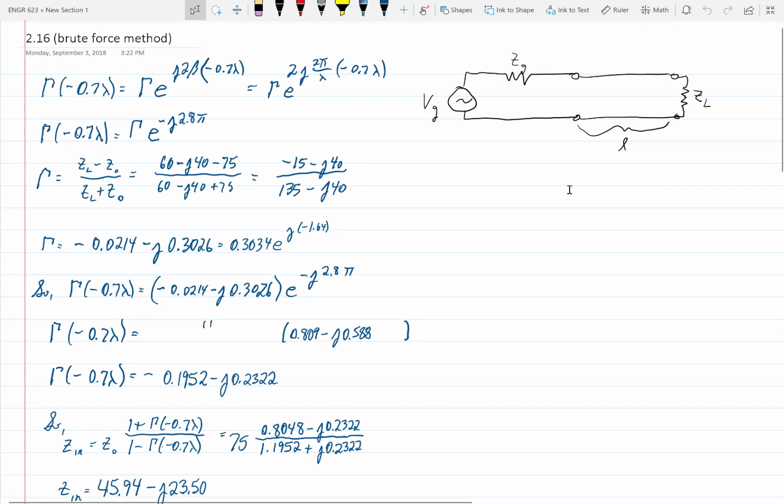A lot of complex math, a lot of punching on the calculator. And so fortunately it turns out that there is an easier method, but that it's less general. It requires that the characteristic impedance be equal to the source impedance. So let's look at that easier method now.